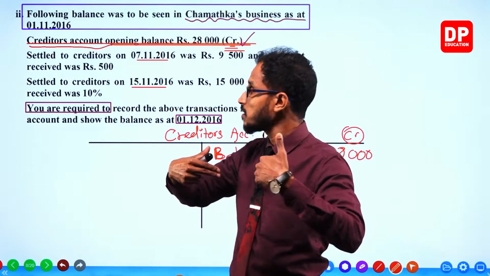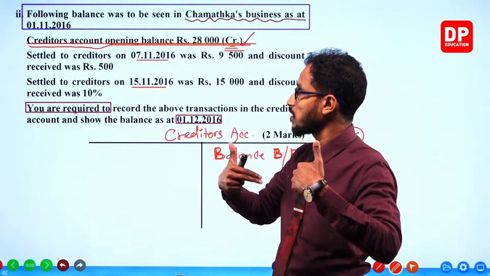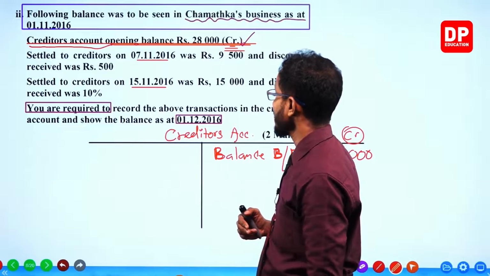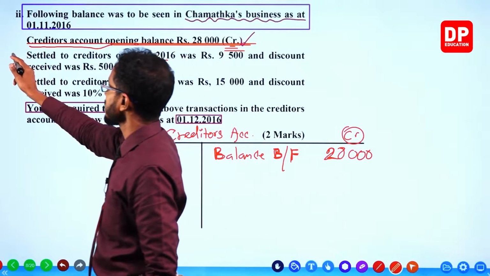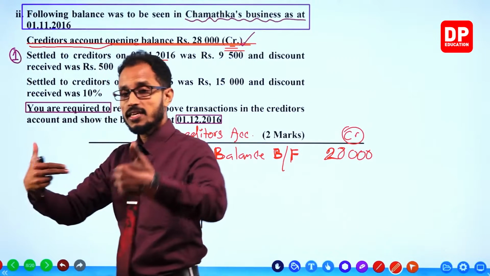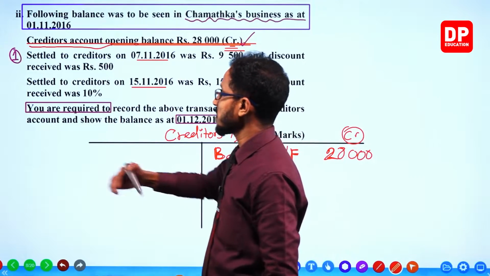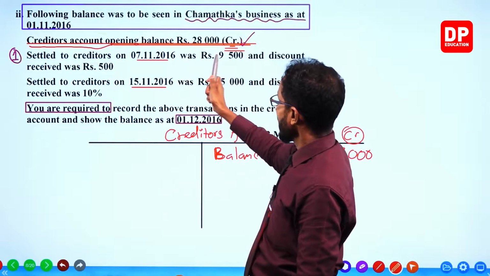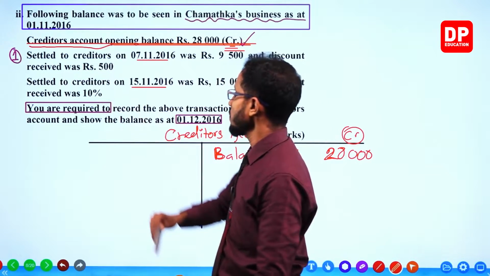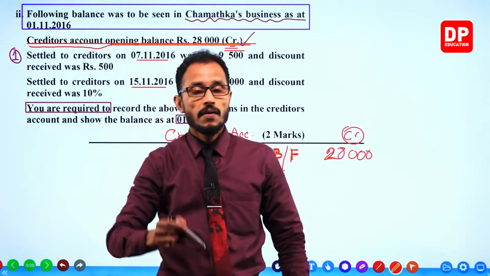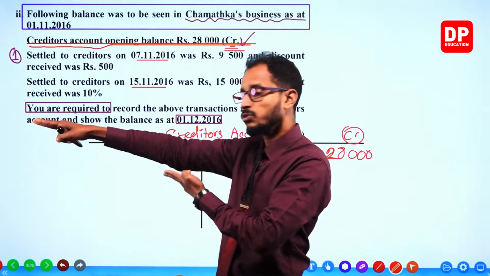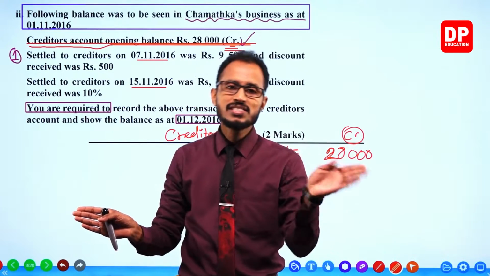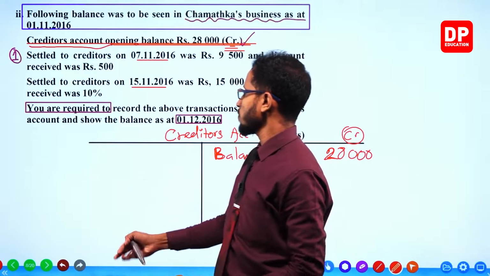In this transaction number 1, we have settled, that means paid to creditors 9,500 and discount received 500. When we pay money, cash goes out, so the cash account is credited and the creditors account is debited.